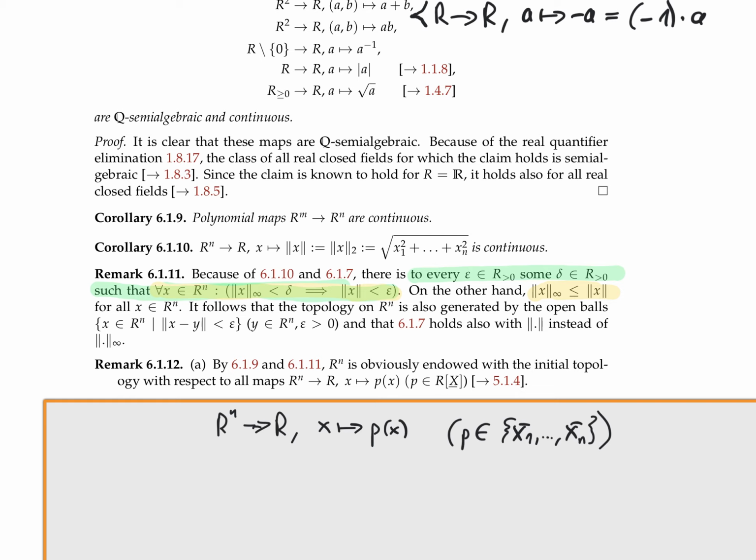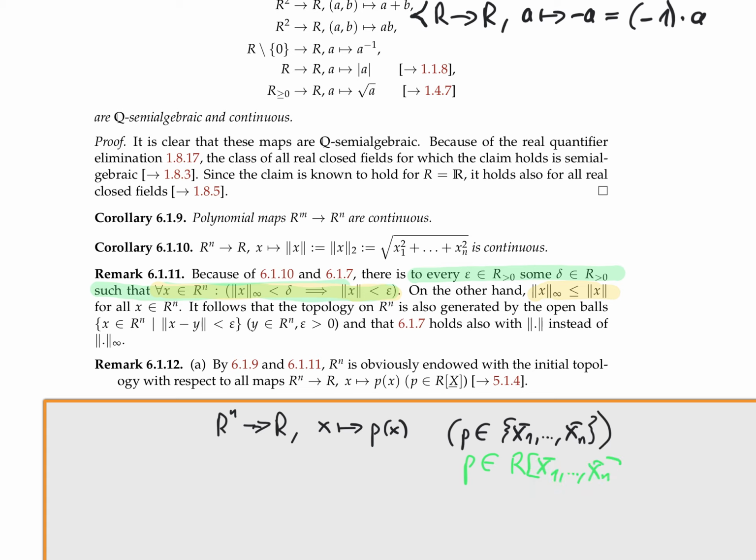And so that means it's generated by the pre-images of open sets under these maps. And now if I take instead of this all polynomials, it does not change anything, right?